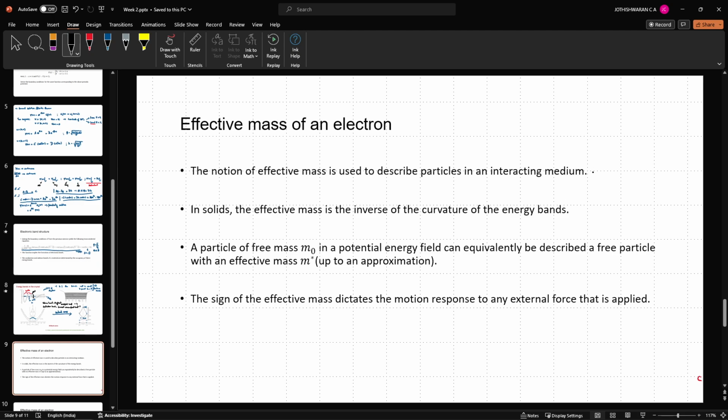Here let me just note down that effective mass is even relevant in describing the phenomenon of buoyancy.